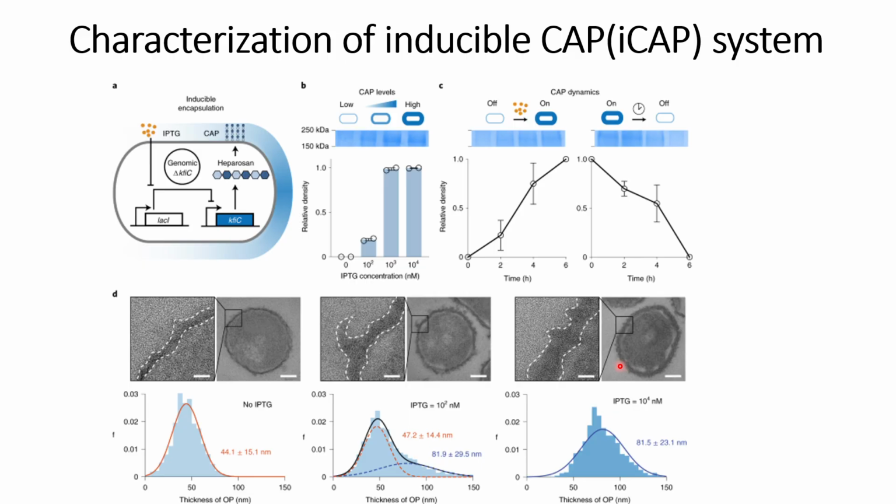So I hope you understood how they validated their system, or how they made the inducible encapsulated system, where they control the heparosan levels by regulating this KIFC gene through the LAC1 promoter, which is controlled by the small molecule inhibitor, that is IPTG.